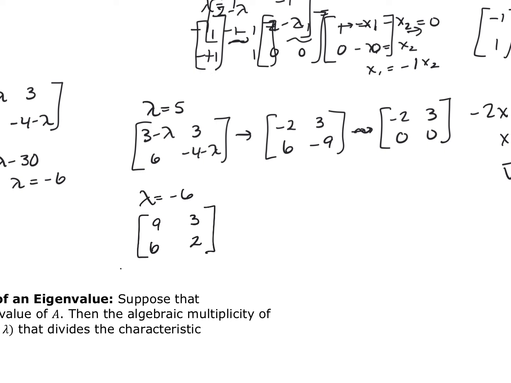And you can see when I reduce this to echelon form, if I took the first row and multiplied it by 3, and took the second row and multiplied it by negative 2, I'm going to end up with 9, 3, 0, and 0.